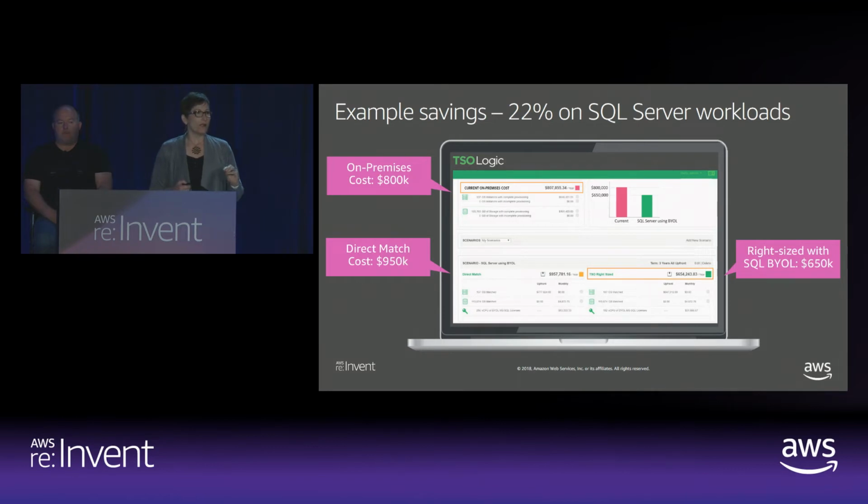But using TSO Logic, we were able to immediately identify how they could right-size those configurations, as well as leverage their existing licenses by using BYOL. This gave them a savings of 22% on their SQL Server workloads. Again, this was a very large company. That was a lot of dollars.